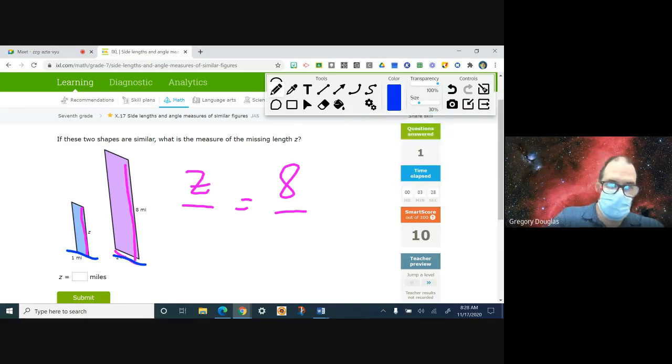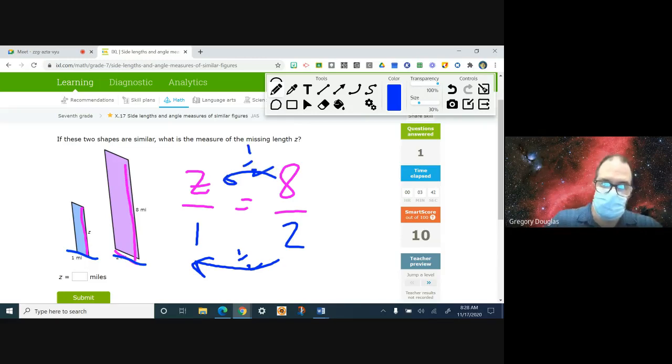And Z is in the same triangle as this one, or the same parallelogram. So what you can see is it reduced by half. Okay, so then you can say what's half of 8. Half of 8 is going to be 4.